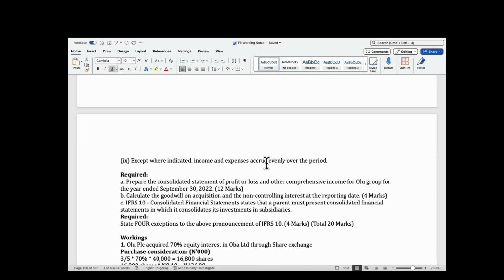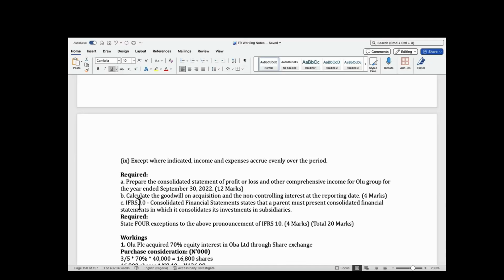Okay, so we are required to prepare the consolidated statement of profit or loss and other comprehensive income for Olu Group for the year ended September 30, 2022. We are also required to calculate the goodwill on acquisition and non-controlling interests at the reporting date.